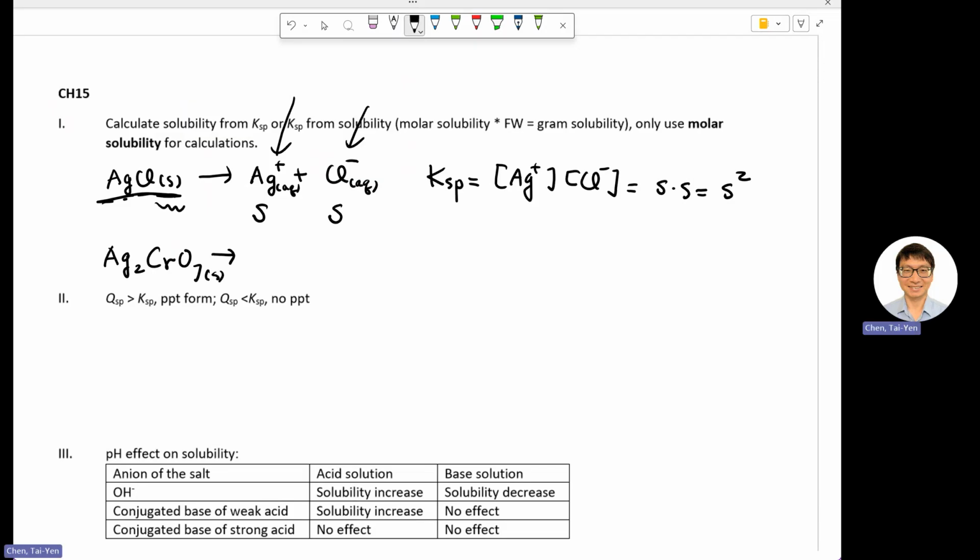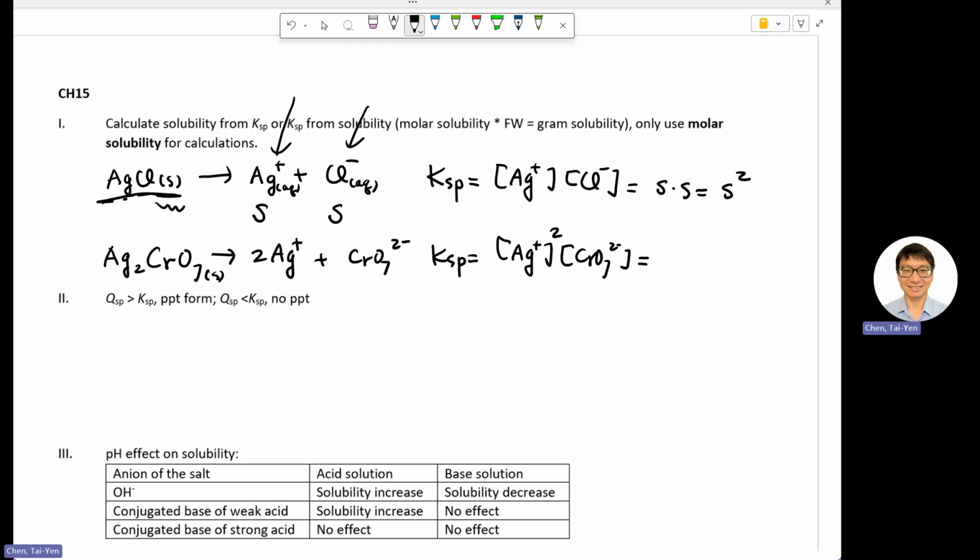This is an insoluble salt as well, but once it dissociates, it gives you 2 Ag+ and 1 CrO7 2-. When you write out the equilibrium constant of this dissociation, it will be Ag+ to the second power times CrO7 2- to the first power.